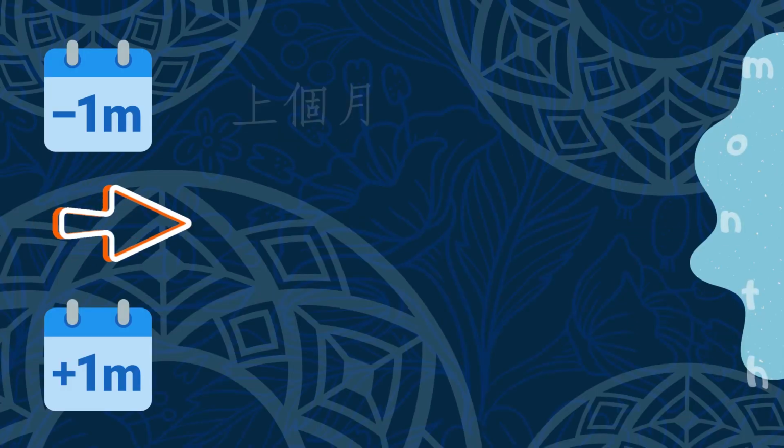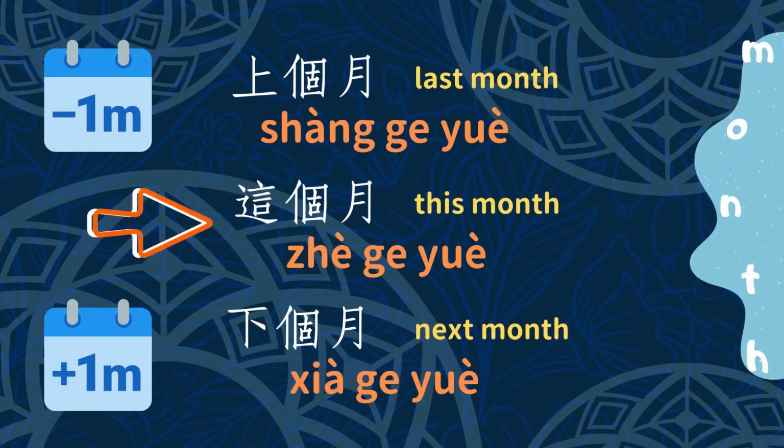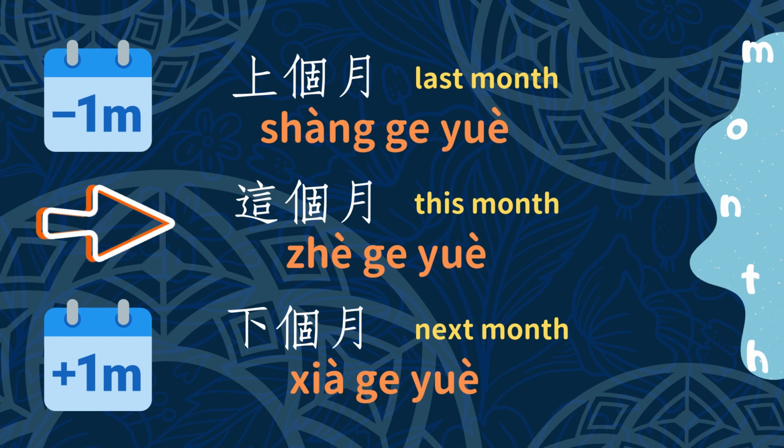Let's see how to express last month, this month, and next month in Chinese. We start from last month, 上个月.